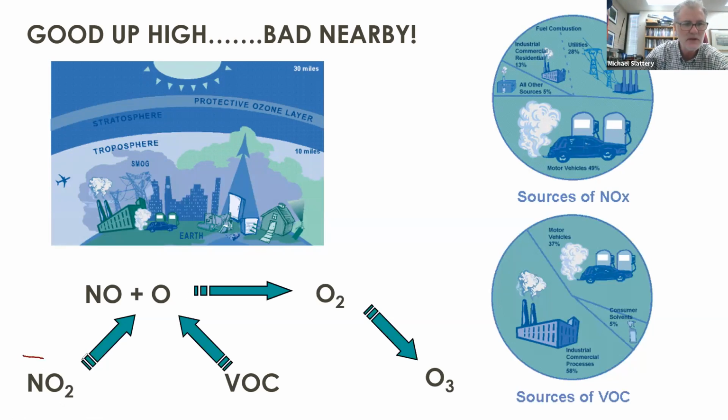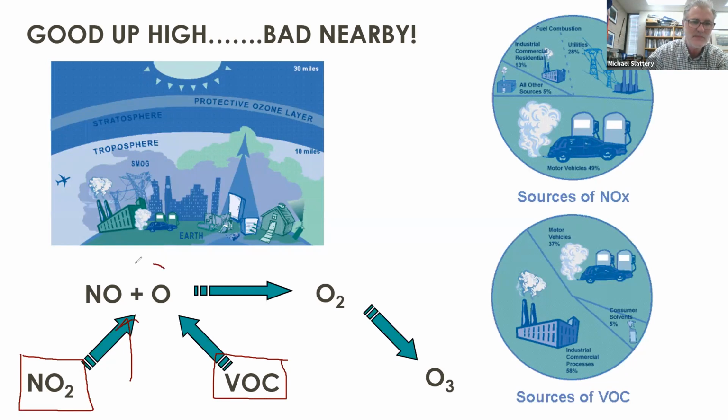So for example, I've already illustrated this, but let me just go over this. Nitrogen dioxide, right? Emitted from a variety of sources that you see here on the right. Or these things, volatile organic compounds, and that's exactly what they are, a range of compounds that are problematic. Those primary pollutants get into the atmosphere.